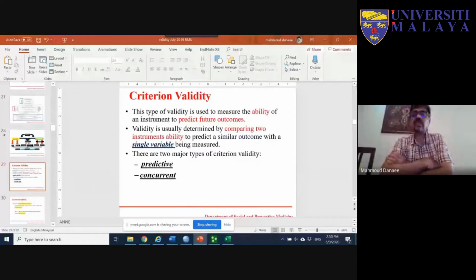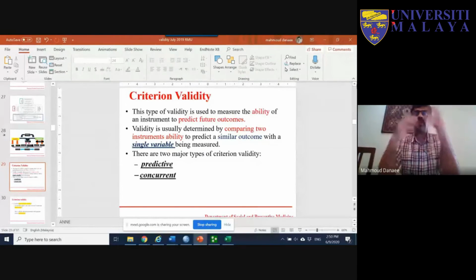So this kind of validity is usually used to measure the ability of your instrument to predict other outcomes. Let me make it simple for you, and then we will see how you can calculate this kind of validity.